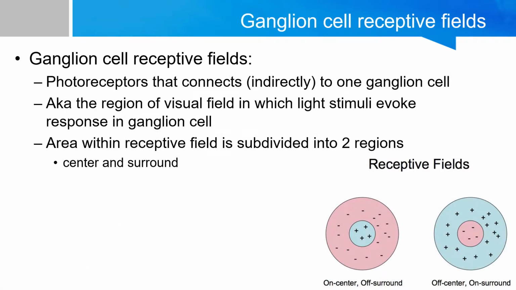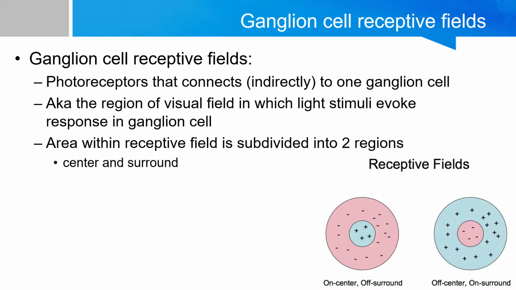So now let's talk about the ganglion cell receptive fields. The receptive field for a particular ganglion cell can be thought of as a group of photoreceptors that connects to that one particular ganglion cell. And the different ganglion cells will have different photoreceptors connected to them, and therefore will have different receptive fields.